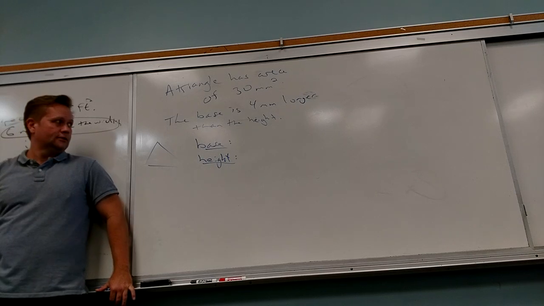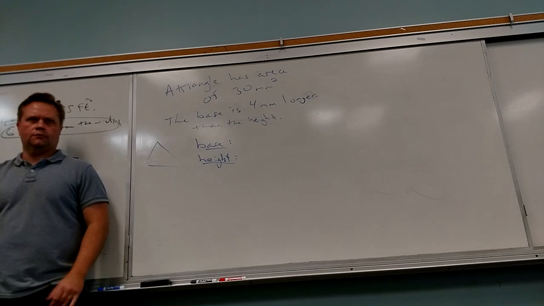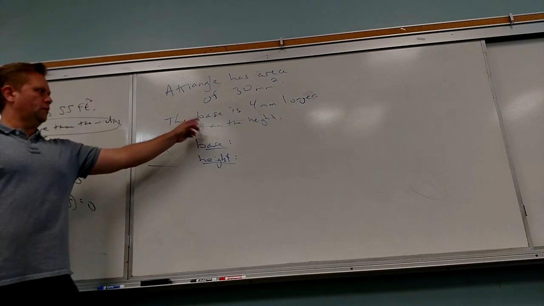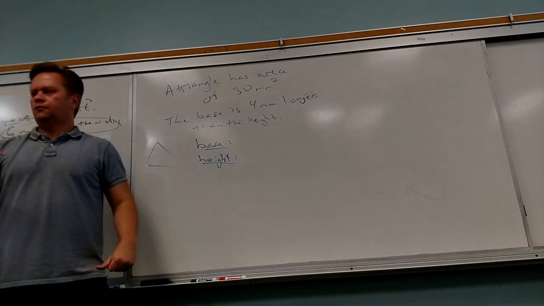Now which one is going to be just a letter? Height. Why? Because the base is height plus 4. So I have to know the height first so I can do the plus 4 to it.